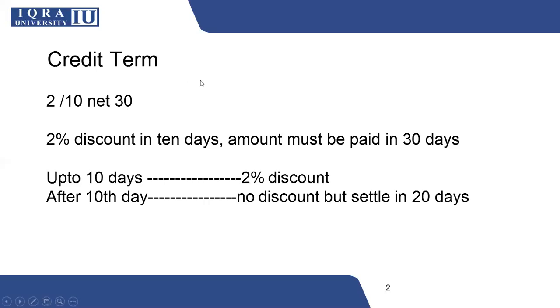So the entire term, which is also called a credit term, explains that if you settle this payment within 10 days, you get a 2% discount. But if you are unable to settle within 10 days, the discount will lapse and you must settle this amount within 30 days.